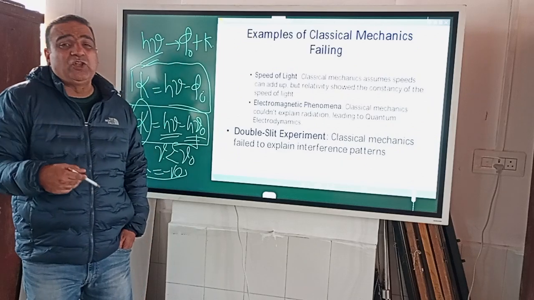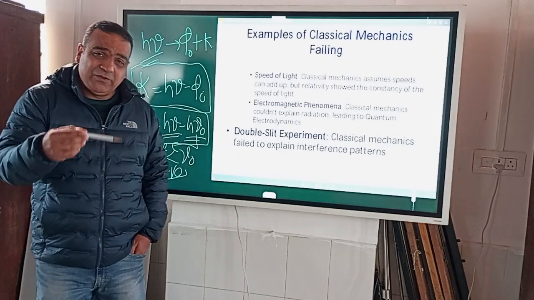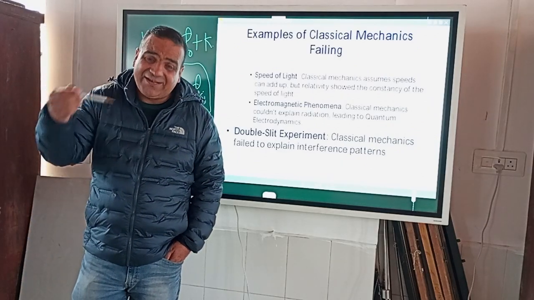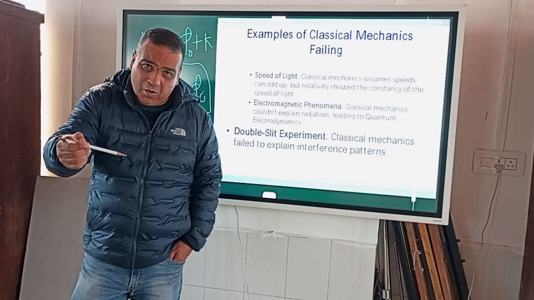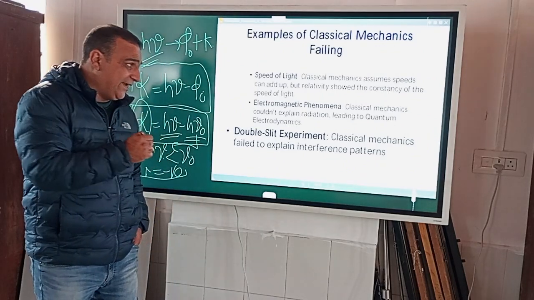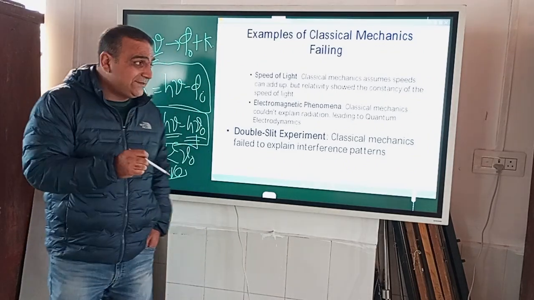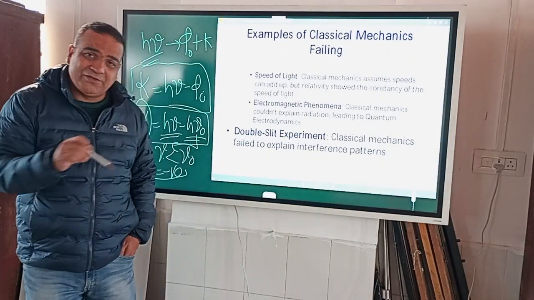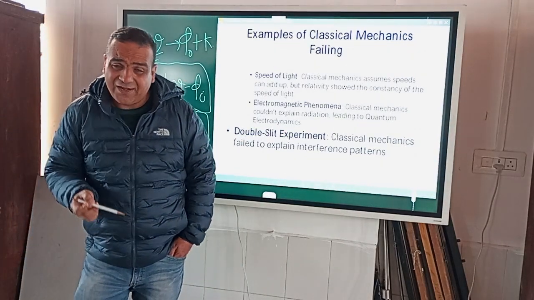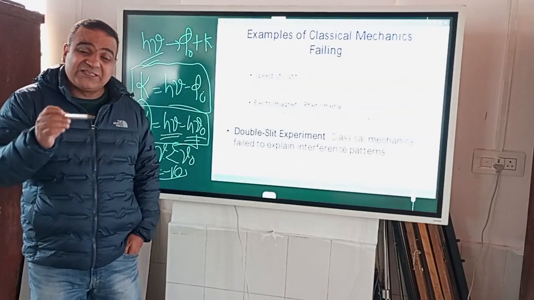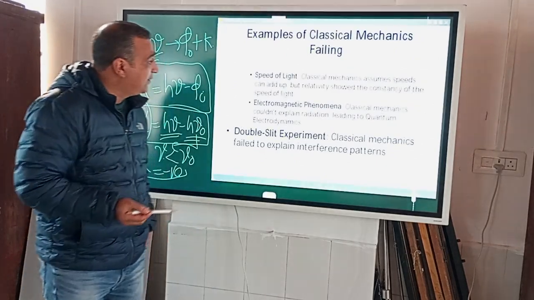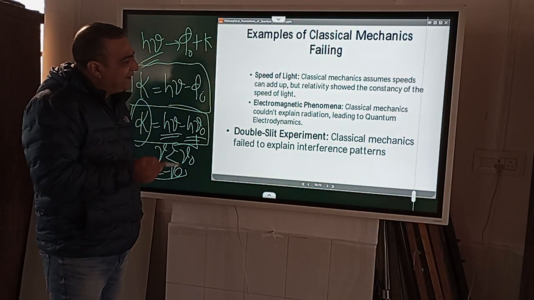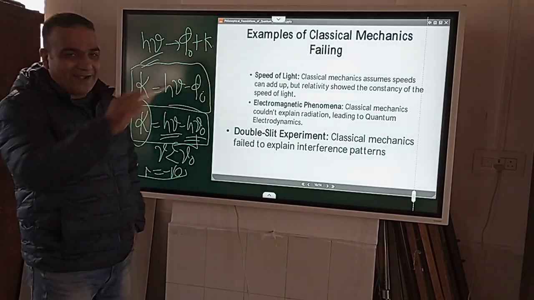Maybe it can be closer to the speed of light, where you will have those relativistic effects, which we'll be discussing later on. But you cannot have a material particle with a speed equal to or greater than the speed of light. And classical mechanics fails in electromagnetic phenomena.